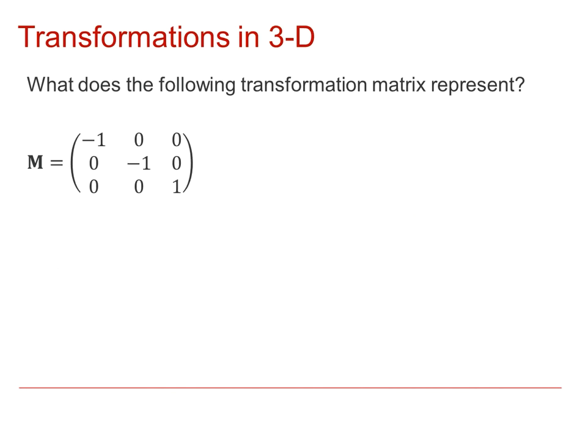In our next example, we can see this time that both i and j have changed, but k dashed is equal to k, so k is invariant. Or in other words, the z-axis is invariant. And if we mark that in as our invariant line, we can see that i dashed has ended up at this position here.